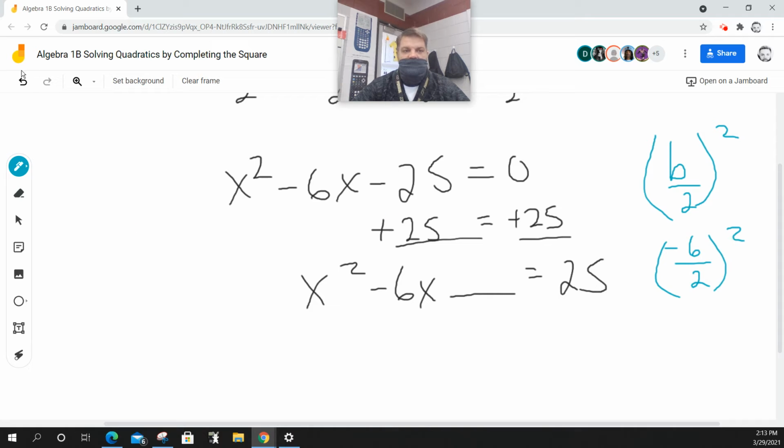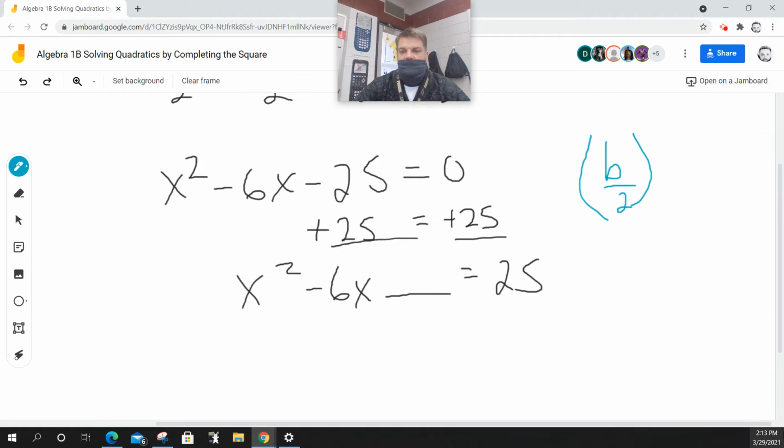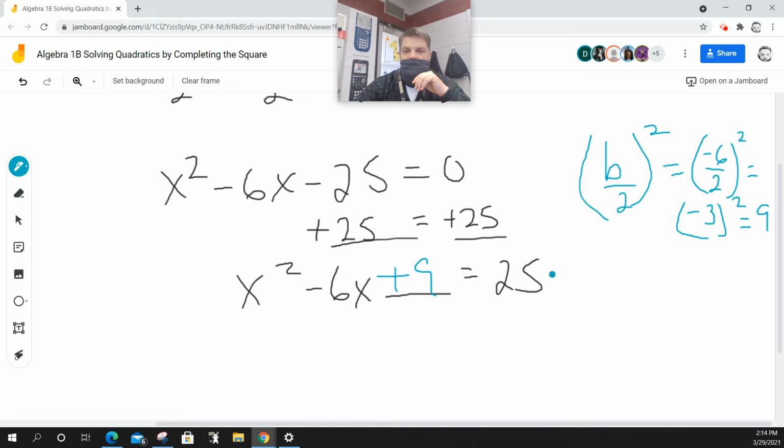Let me move that out of the way, so I'll write it up here. That's equal to negative 6 divided by 2, which is really negative 3 squared, which is really what? Positive 9. So I'm going to add 9 to this side, and I'm going to add 9 to this side.